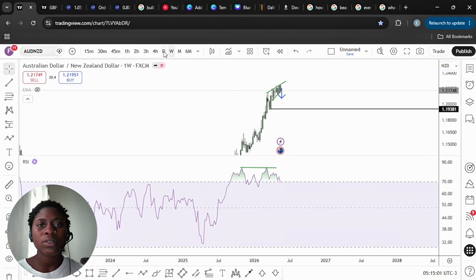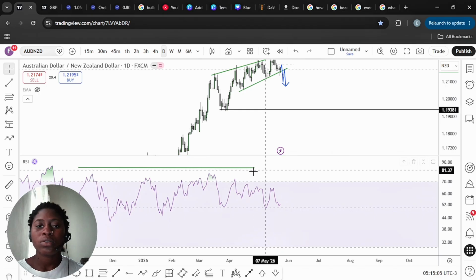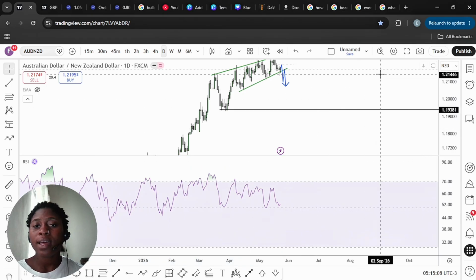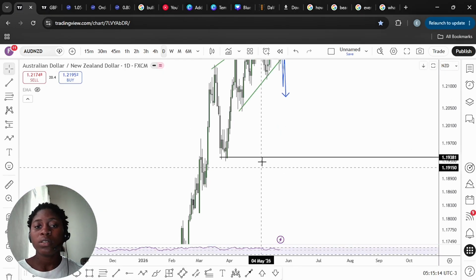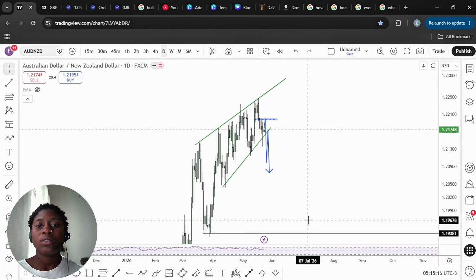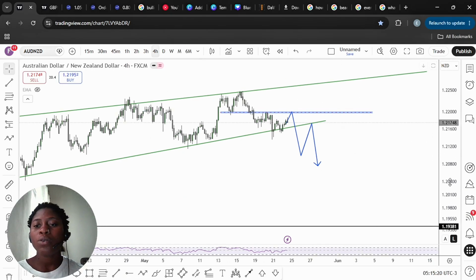It's pretty obvious on the daily time frame. So if we go by that, my strategy, this is our TP.